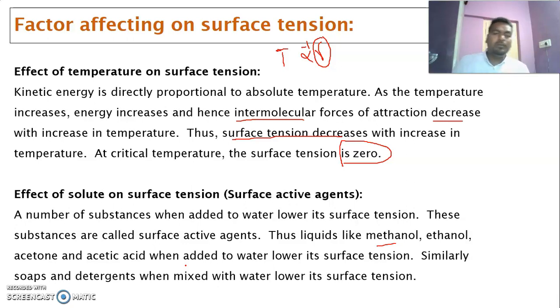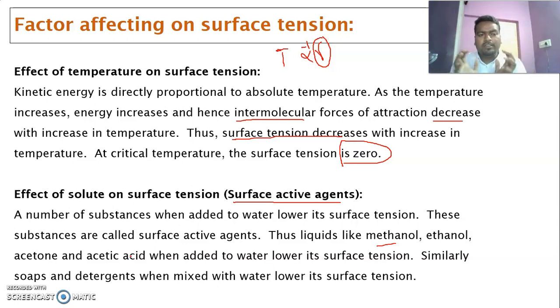But here some solutes decrease the surface tension, and these solutes are called surface active agents, for example methanol, ethanol, acetone. These are going to increase the surface energy. As we understood in the previous slide, if surface energy is more, obviously surface tension decreases.